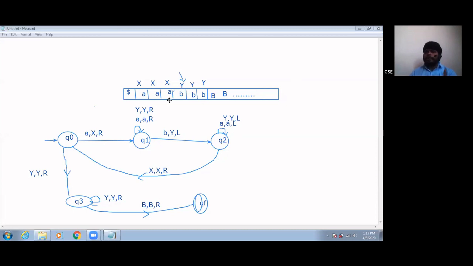You have to see the input string at a particular point of time: at which state you are, and which input symbol you are processing. These two things you have to always remember carefully. If you miss this, you will definitely go wrong. So you have to maintain the current state as well as the current input symbol being processed, so that you will cover all the transitions.